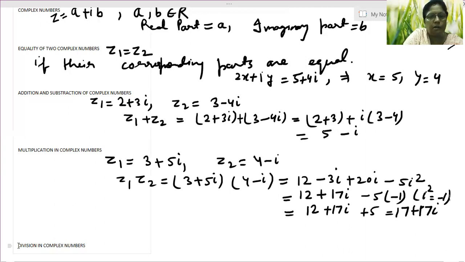Okay. In the same way, we can add, we can divide complex numbers.